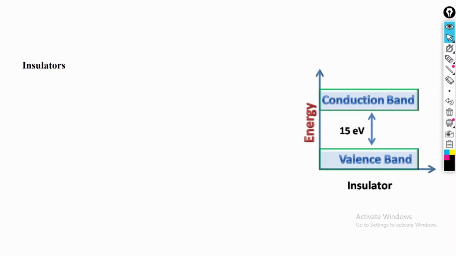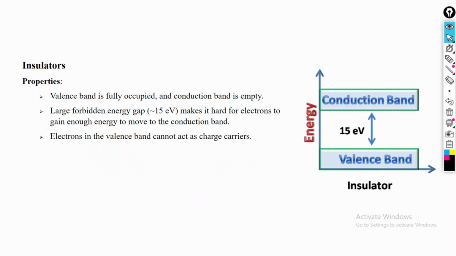Now, what is an insulator? As we discussed in more detail, in the insulator the valence band will be fully occupied and the conduction band will be empty. The large forbidden energy gap makes it harder for the electron to gain enough energy to move from the valence band to the conduction band.